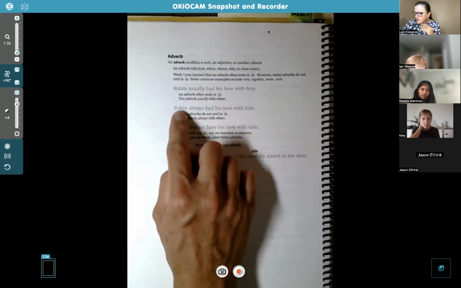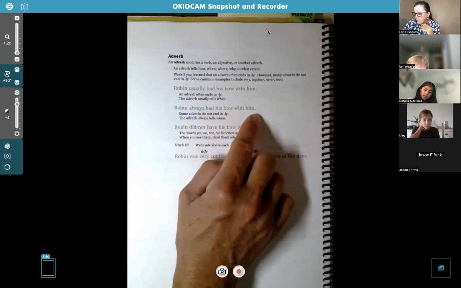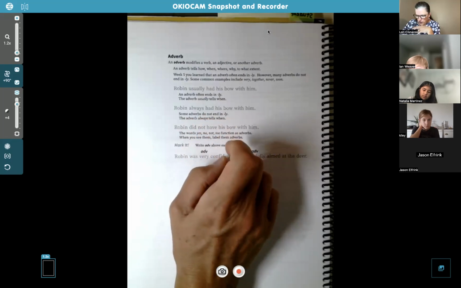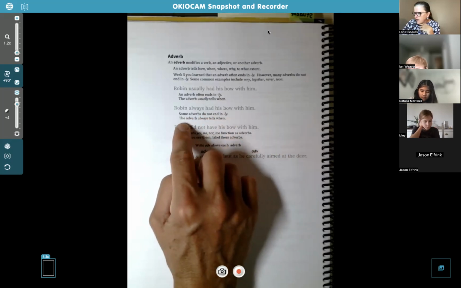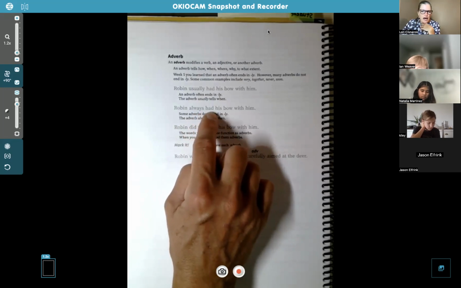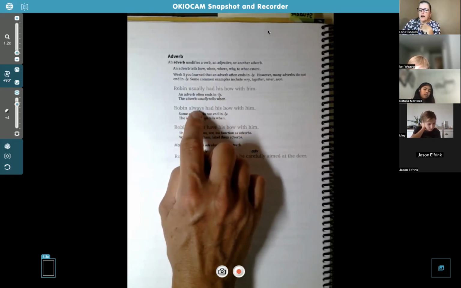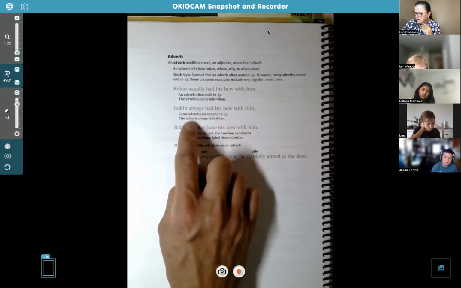And that one's easy. This one, though, Robin always had his bow with him. Some adverbs do not end in ly. The adverb always tells when. So look again at the verb had and ask yourself when. When did Robin have his bow? Oh, he always had. So that becomes the adverb here, always.